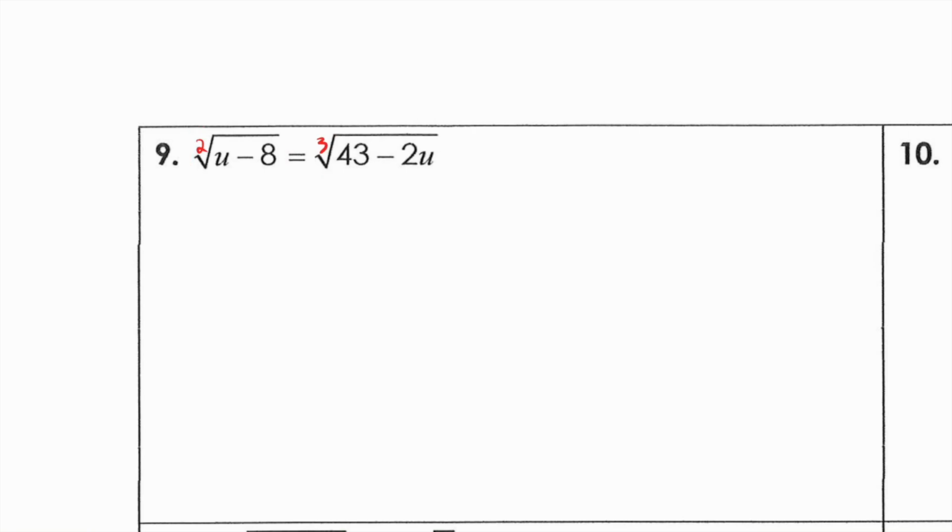And then you'd have to raise them to a common power that would undo both, such as in this case, the 6th power. A good way to think about that would be if you were to convert these to exponents, to say, hey, this is 43 minus 2u to the power of 1/3. What exponent can I raise both of these to, to undo the 2 and the 3, to reduce the 2 and the 3 as we cross reduce those?